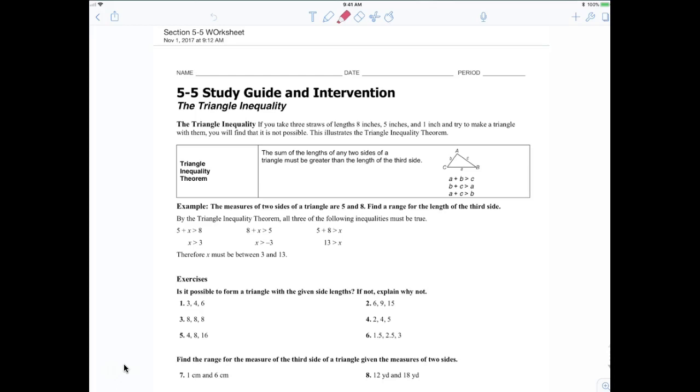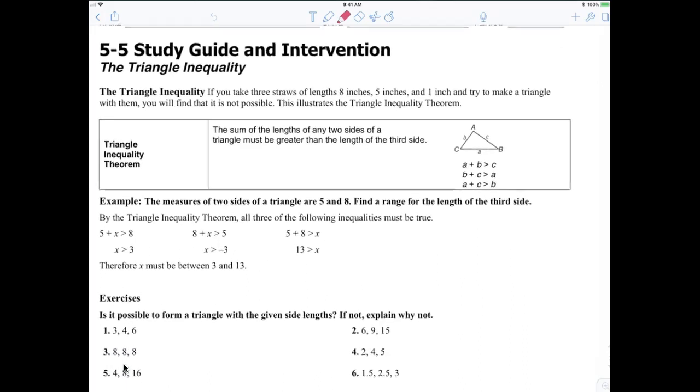Now, the next thing we're going to talk about is the triangle inequality. Let's look at that real quick and see what they say. I don't care about 3 straws, but let's just look at this picture down here.